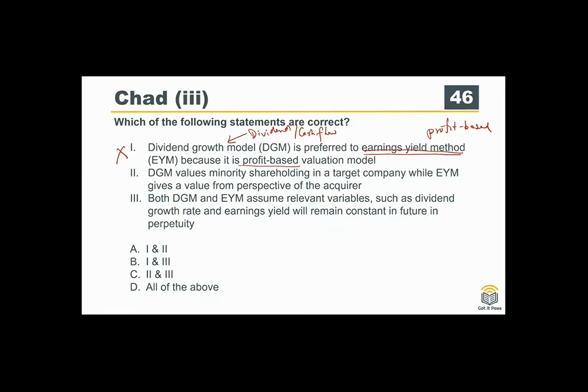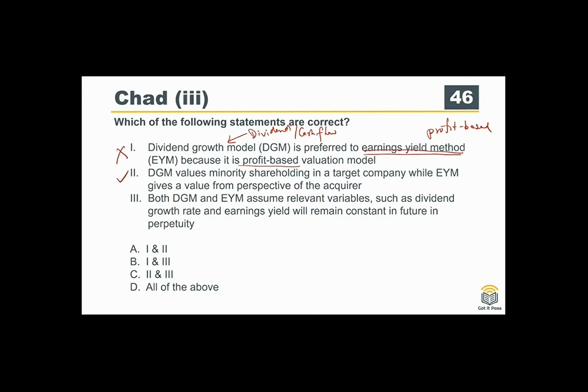So the statement is correct: DGM is preferred by minority shareholders, while the earnings yield method is preferred by the acquirer, especially for controlling interest.